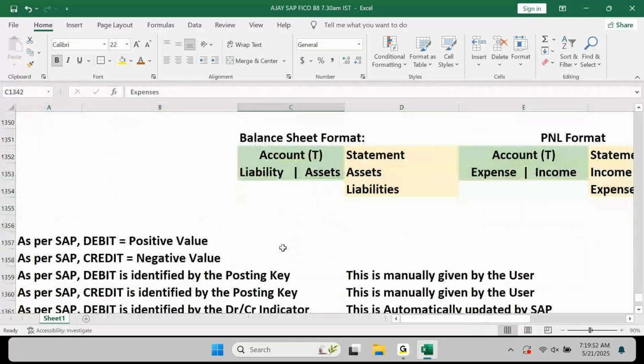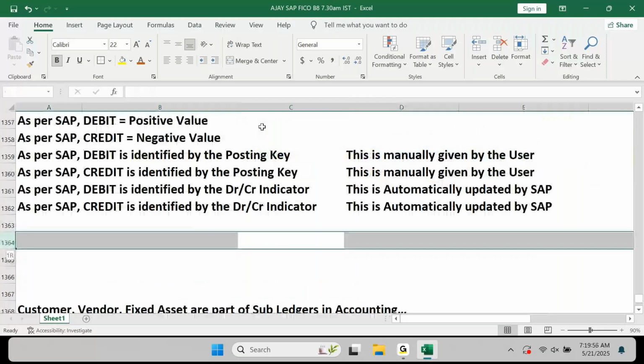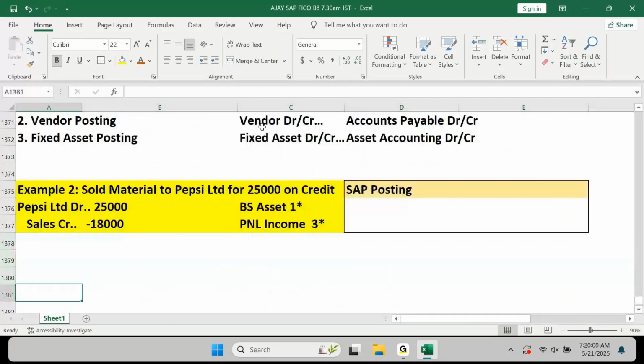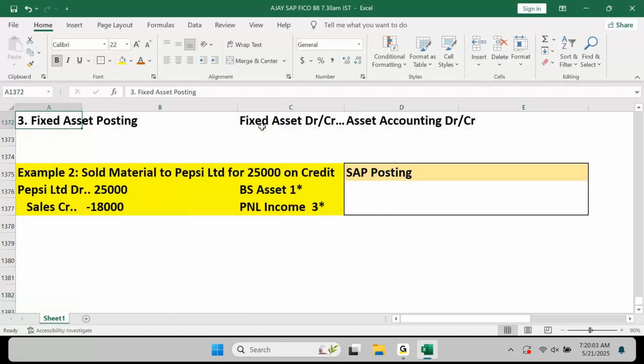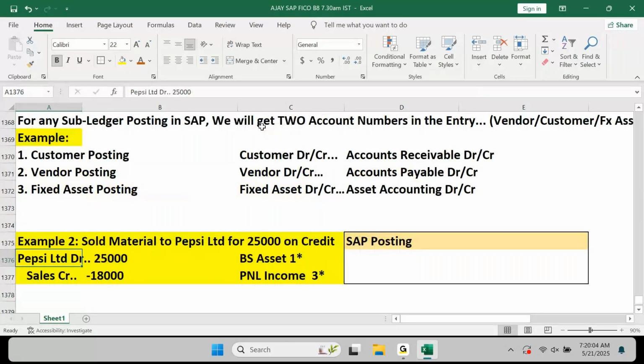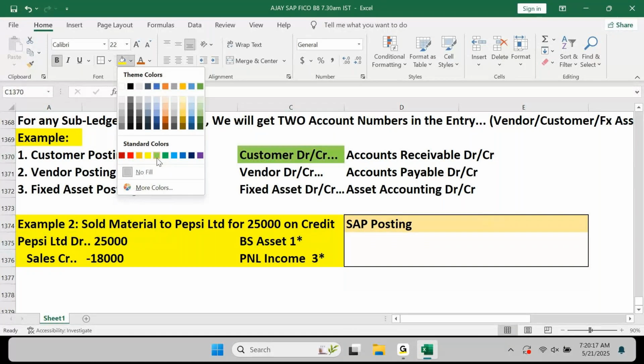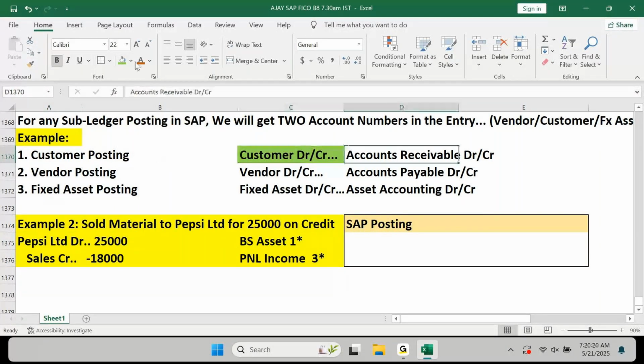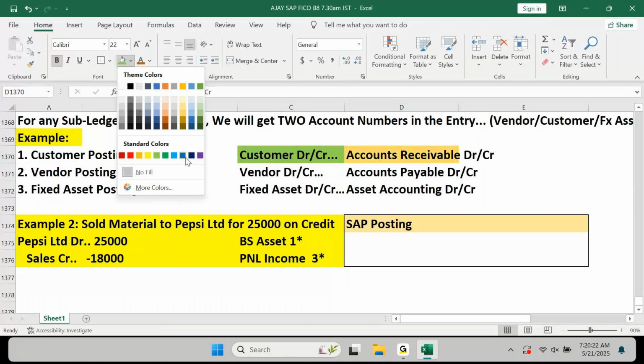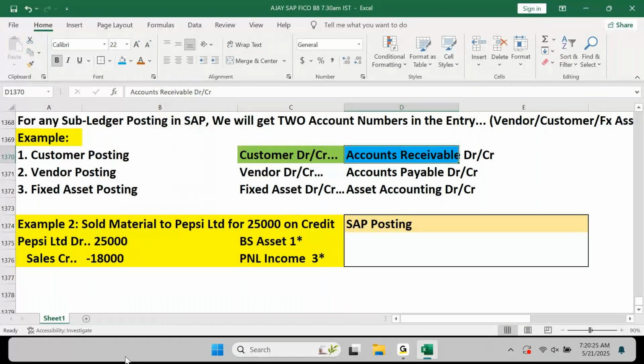Don't just like that post the entry. Don't just like that imagine, assume anything. Now, this is falling under which category? Subledger, customer. Customer means customer is required plus accounts receivable is also required. Am I correct? Yes, sir.